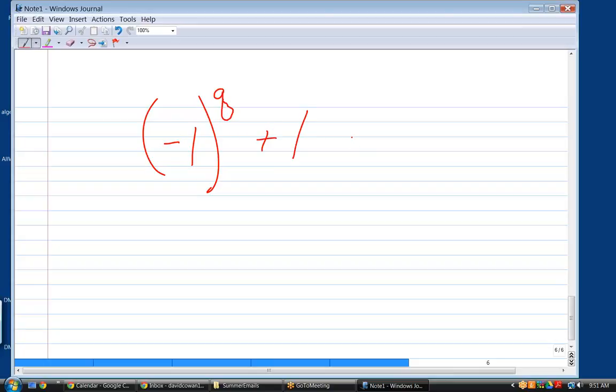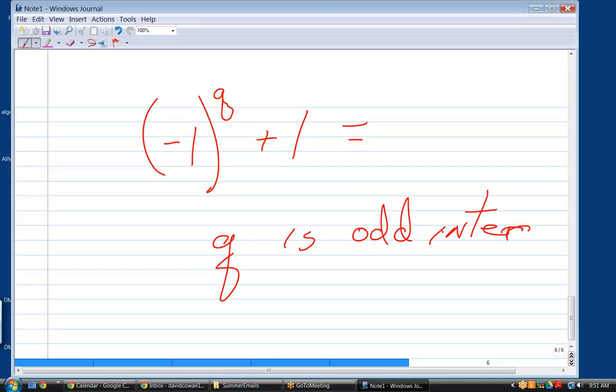So, if I tell you that Q is an odd integer greater than 1, what's this answer? Q is an odd integer. Give me a list of odd integers greater than 1. 3.